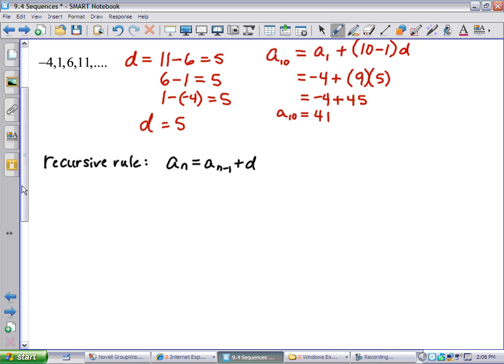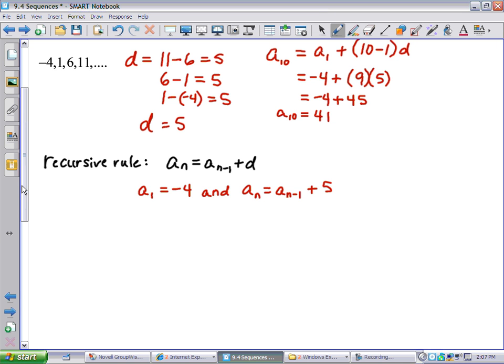A sub 1 we need to give when we give a recursive rule, and your first term was negative 4. So I write a sub 1 equals negative 4, and a sub n equals a sub n minus 1 plus my common difference, and the common difference was 5. This is your recursive rule here.